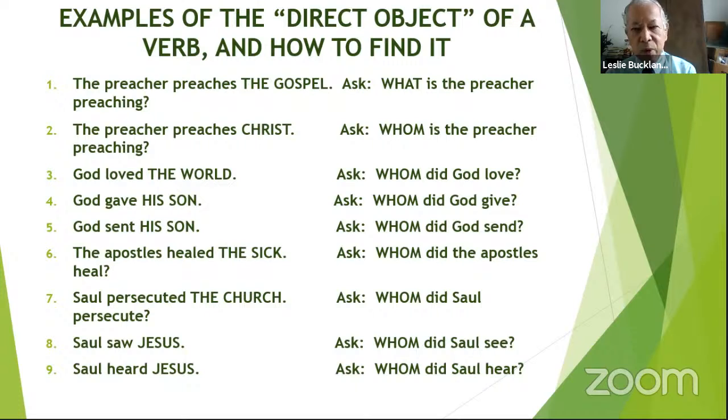Number 7, Saul persecuted the church. Again, you have to understand the meaning of church. When people read the church, a lot of people will be using the modern dictionary definition, meaning a place of worship where Christians meet together.